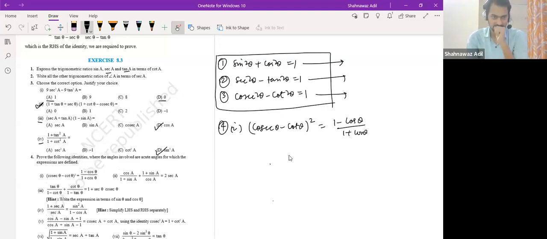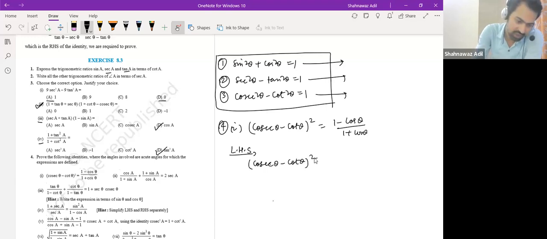Okay, so we can simplify both, right? So let us simplify both. Let me write the LHS: cosec theta minus cot theta whole square.